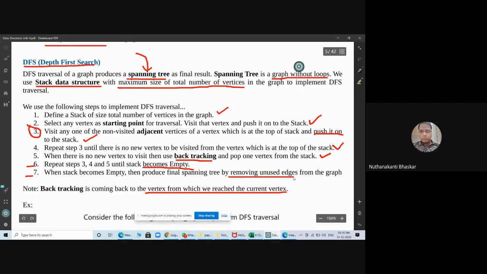Sometimes we are not visiting some edges because of this procedure. If you remove those edges, you will get the final spanning tree. So that is depth first search. Clear these steps? With an example you can understand more clearly. Don't worry, but at least you must understand these 7 steps.